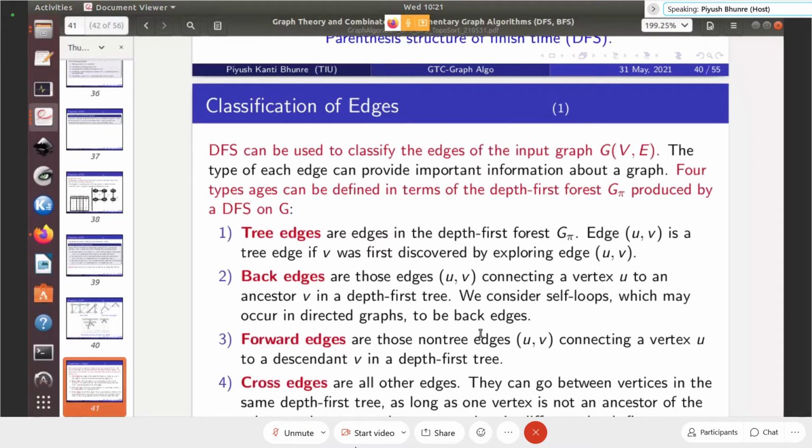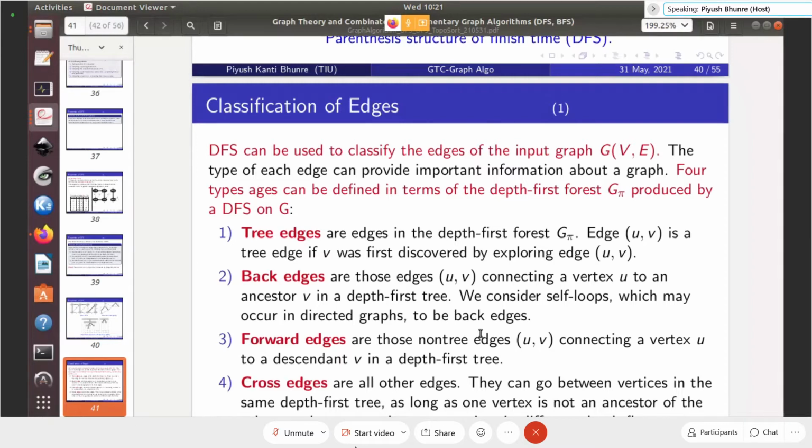So tree edges are edges in the depth first forest. After you execute the DFS algorithm, all the edges of the predecessor subgraph, or depth first tree, are called tree edges.